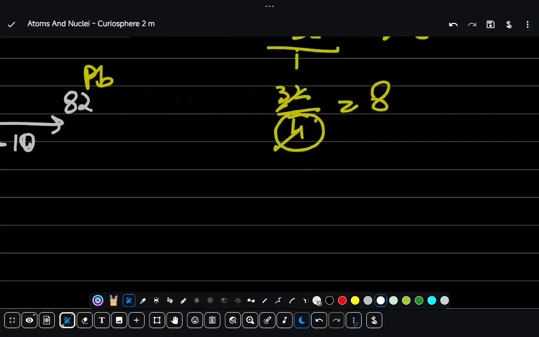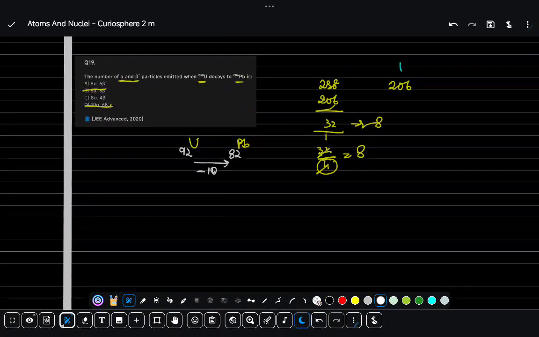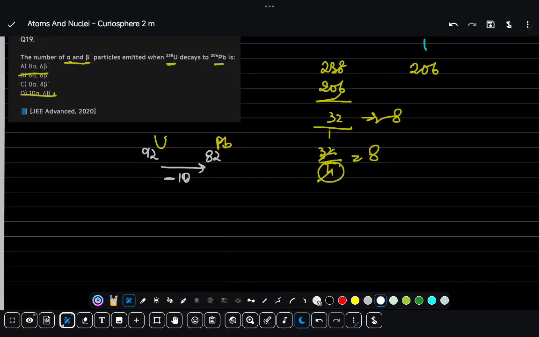We know beta minus particles are nothing but electrons. And wait, beta minus particles are electrons or positrons? Do you remember? Let me check it out.